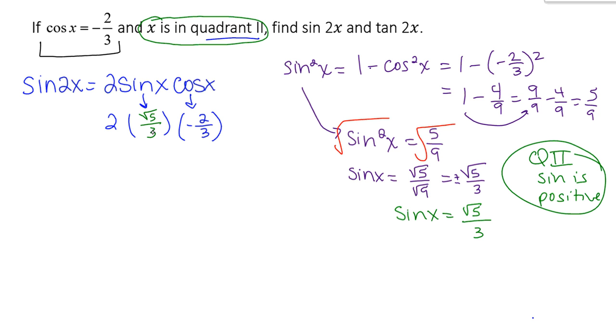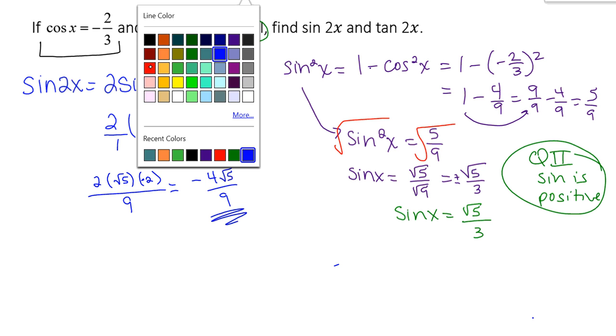Okay, now it's just multiplying. Got 2 over 1 times square root of 5 over 3 times negative 2 over 3. That's 2 times square root of 5 times negative 2 over 9. On top, that's going to be negative 4 square root of 5 all over 9. And that's it. That's that answer.